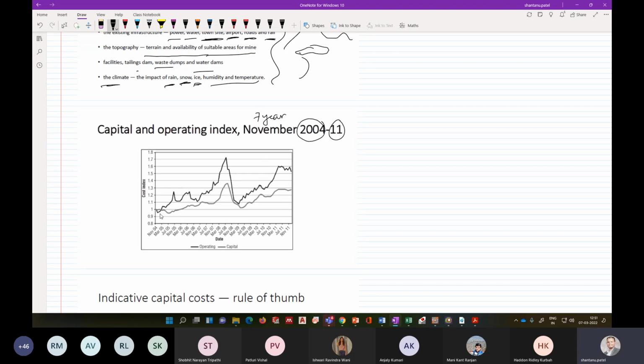It is assumed that the values are 1 at t equal to 0, which is November 2004, and you see this is increasing, and sometimes decreasing in 2008 because of some economic thing. Again it started increasing, goes up and down. So if you start a mine, it depends upon so many factors. So time is one of the factors.